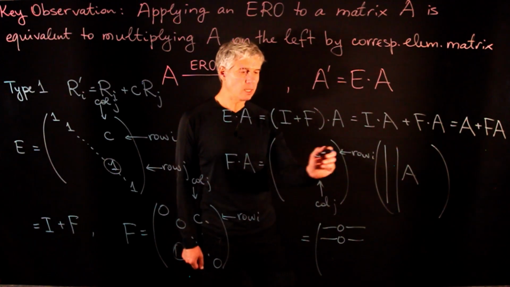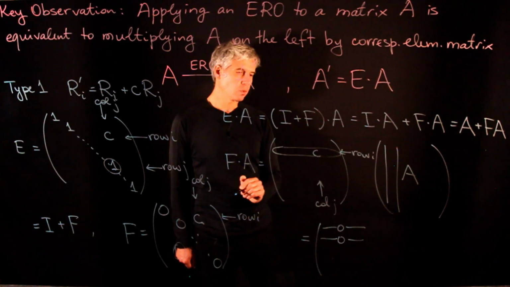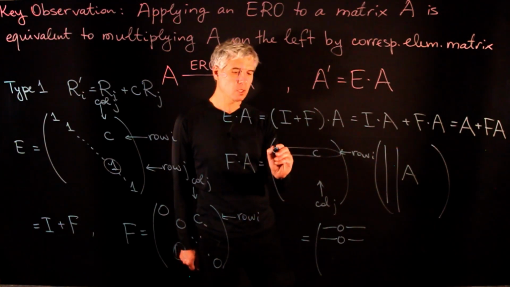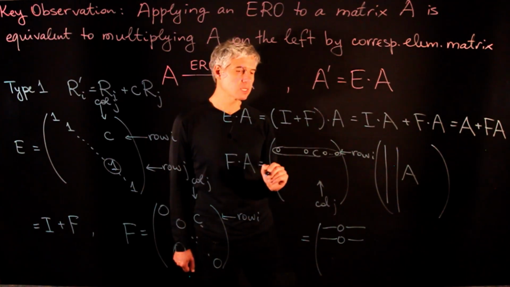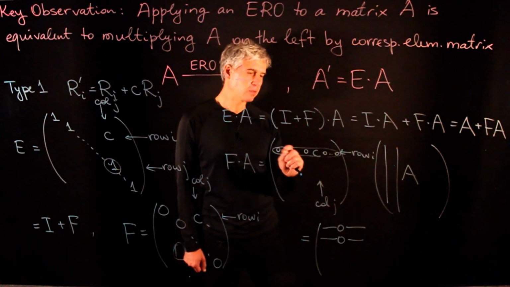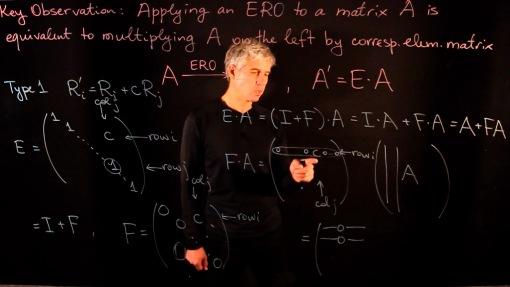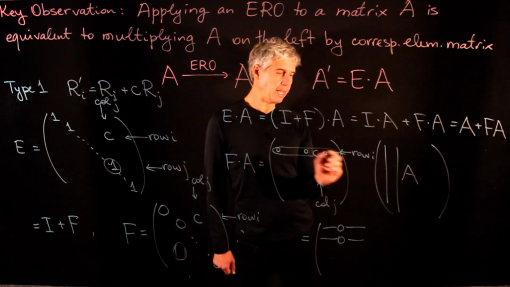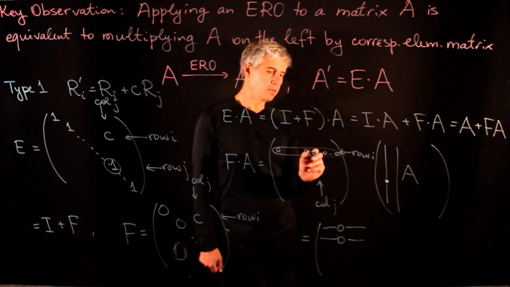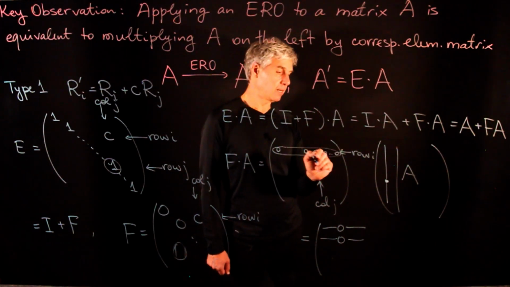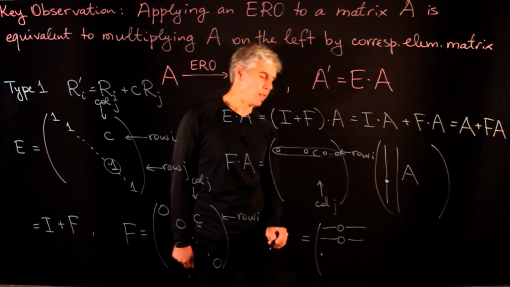And so when we calculate row i of the product, we take this row, which has all zeros except for scalar c in position j, and when we multiply with the first column, this will pick out entry number j in the first column, multiplied by the constant c. So then this will go in row i, column 1.